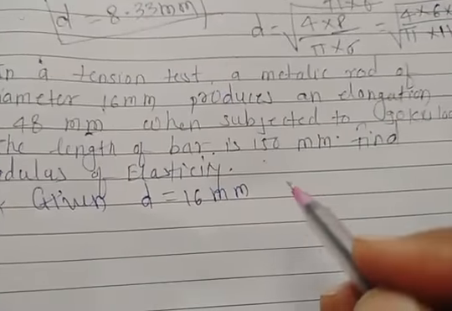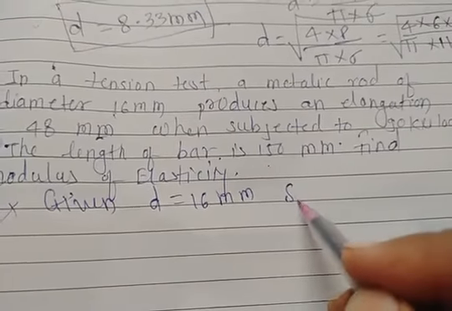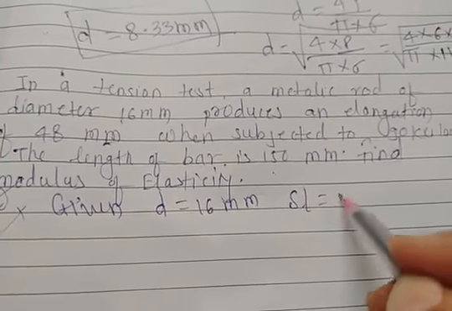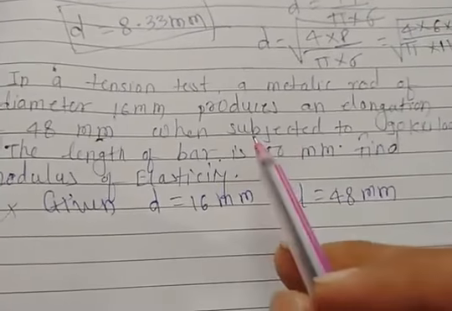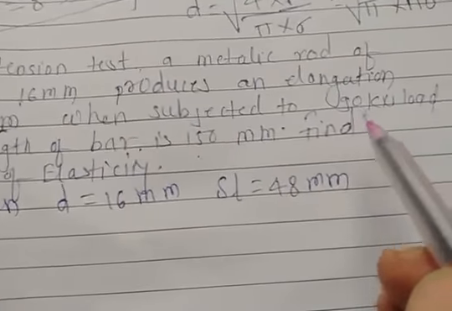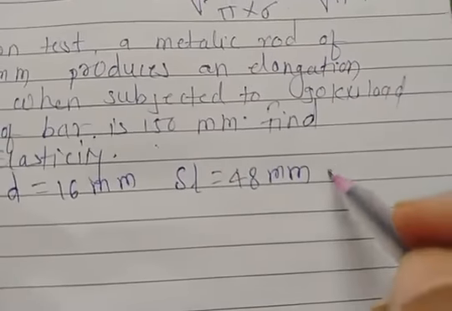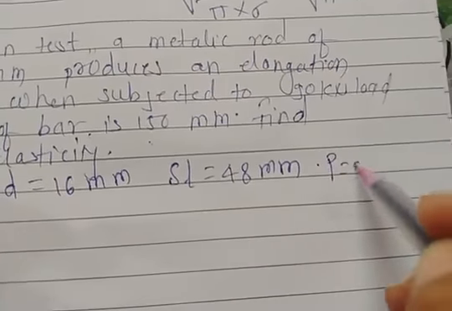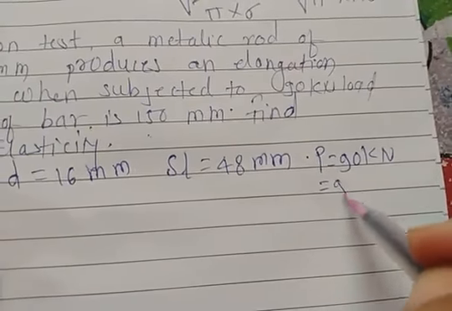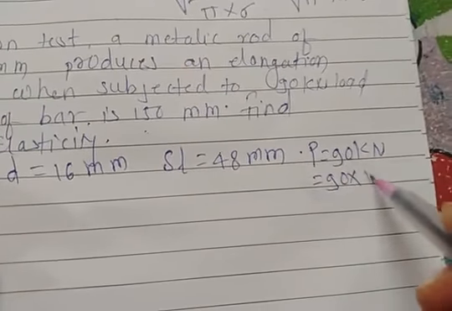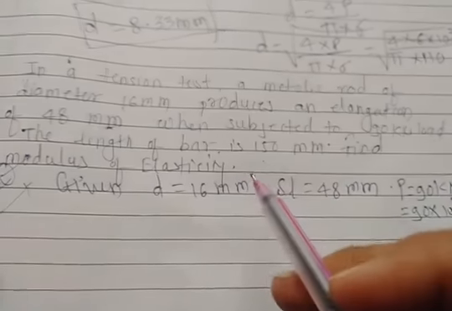Which produces an elongation. Elongation is nothing but the change in length, delta L, which is 48 mm, when subjected to a load of 90 kilonewton. So load P is equal to 90 kilonewton, which I convert into Newton: 90 into 10 raised to 3 Newton.